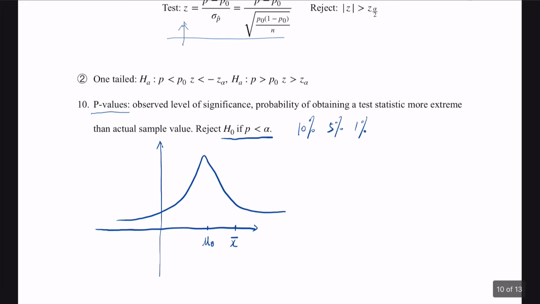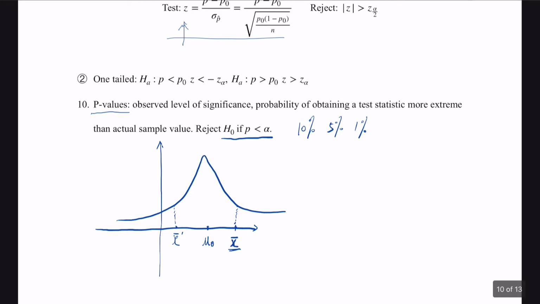And let's just say you are doing a two-tailed test. As we mentioned before, a two-tailed test has two sides on the graph. So you have a sample here, which gives you a mean like this. Because it's a two-tailed test, you should also have a value here, and they are symmetric according to mu 0.